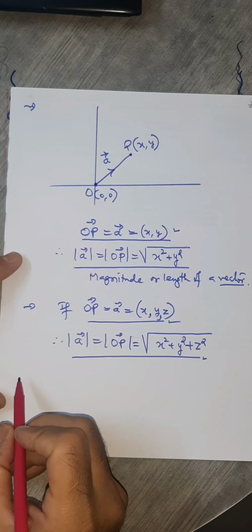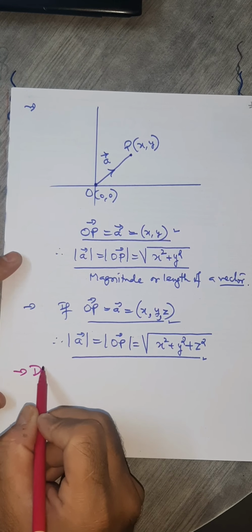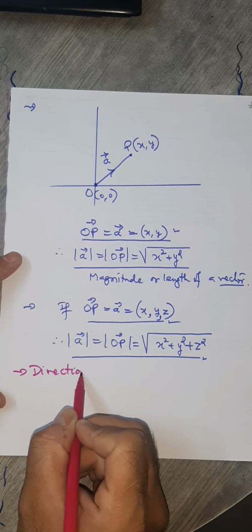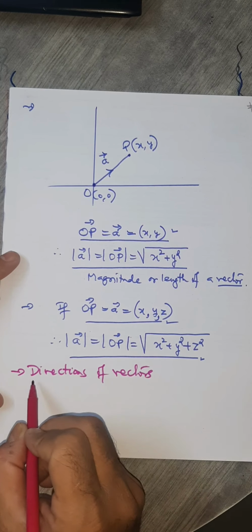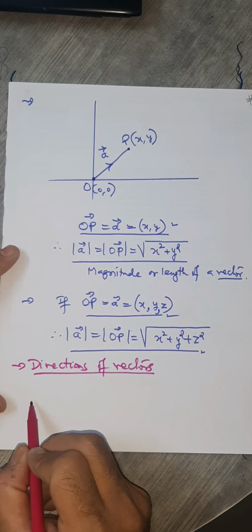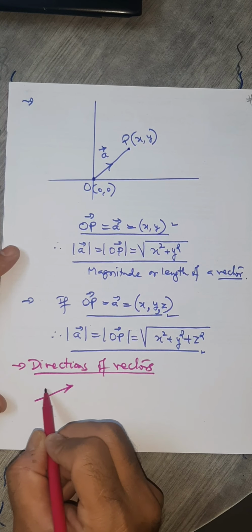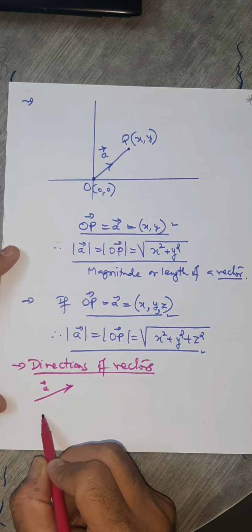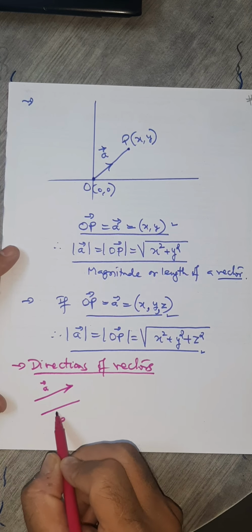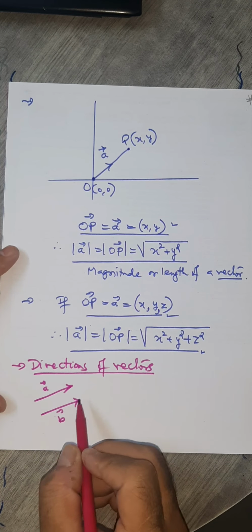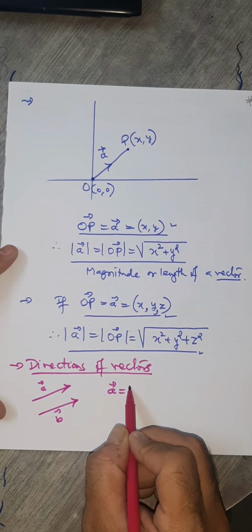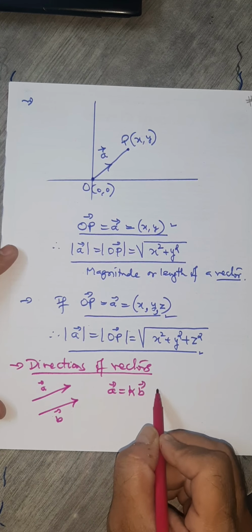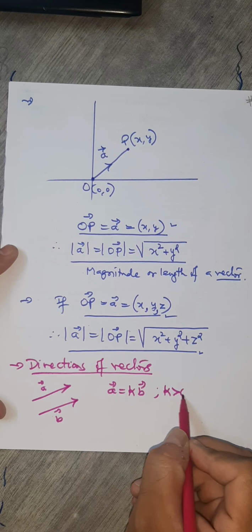Now about directions of the vectors. About directions of vectors, we define in this way. If I have two vectors, vector A here, let's say another vector B, these two vectors are in the same direction, then one vector must be a positive multiple of the other one, where k is positive.